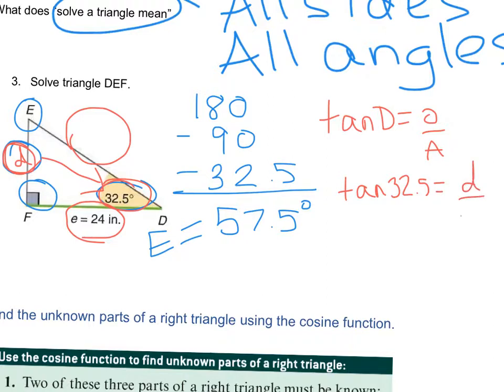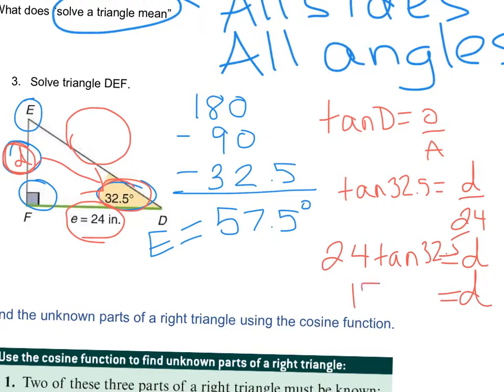And we know the adjacent is 24. So to solve for your D, you could multiply both sides by 24. Use your calculator to type that in. 24 times the tangent of 32.5. And you'll see that side D is approximately 15.3.